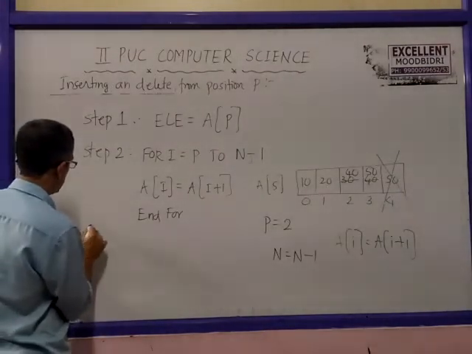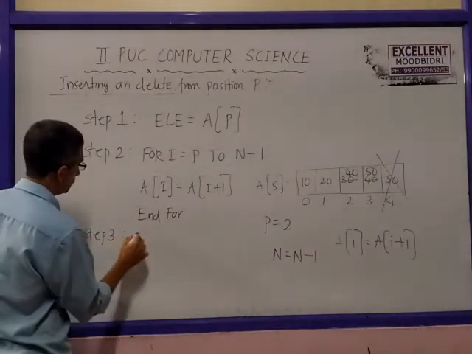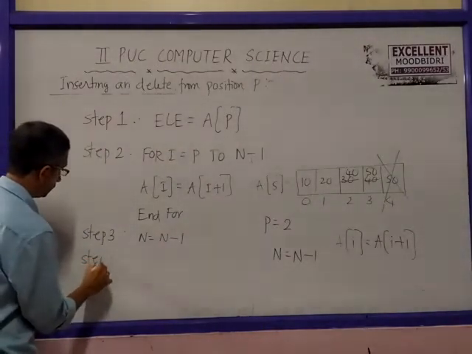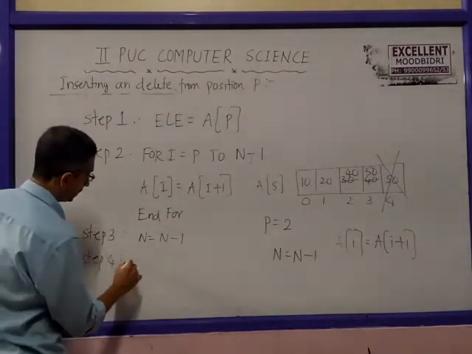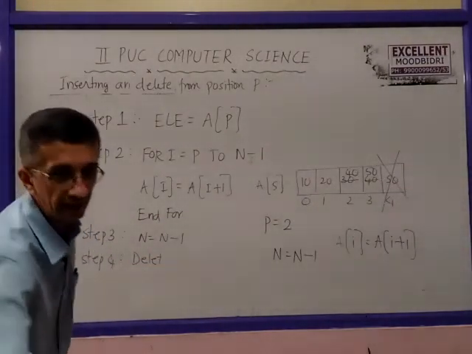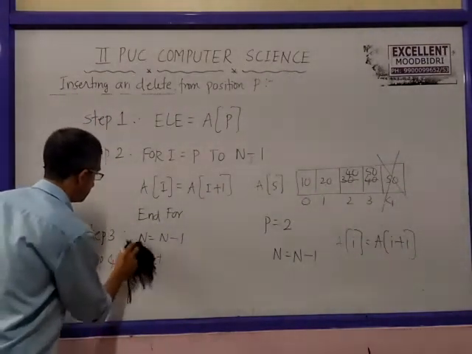So next, step 3: n is equal to n minus 1. Step 4: you can display, print the deleted item. That also you can do.